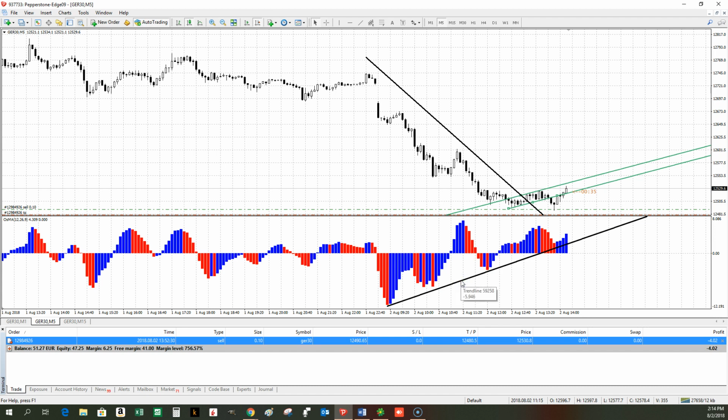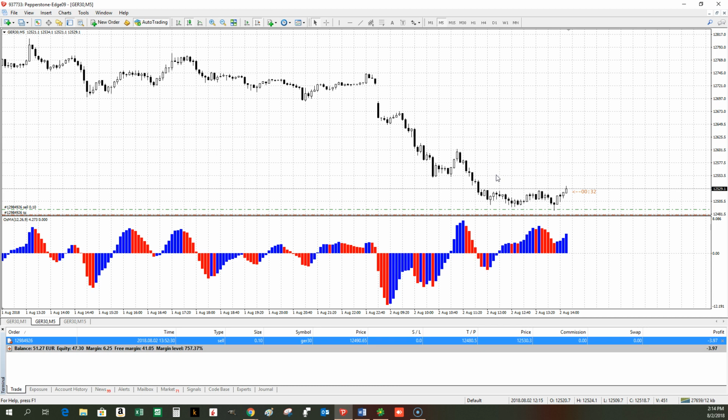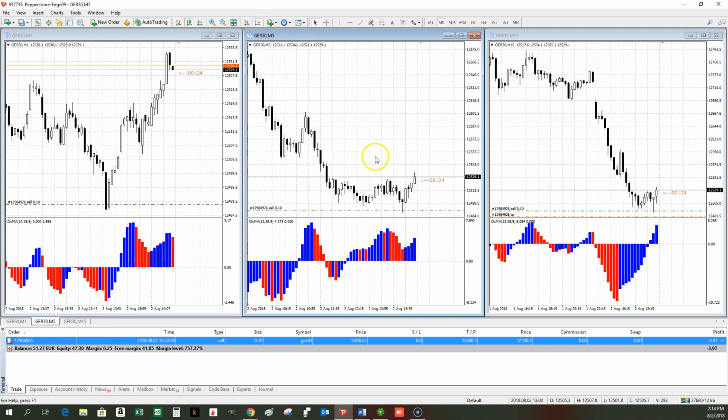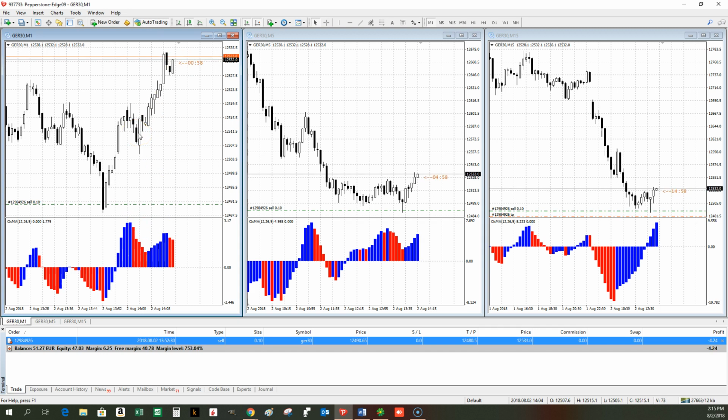So we need to be patient and not take a trade at the wrong timing. We need to wait for a down signal in order to take the trade. You see, this little correction that we have here is not enough because it's 1 minute. It is not enough to get back the trade.